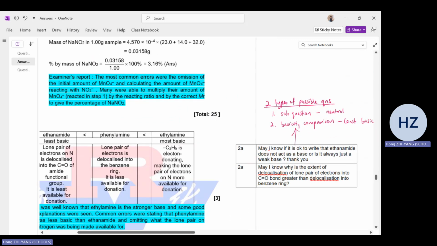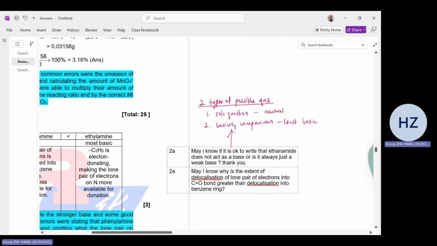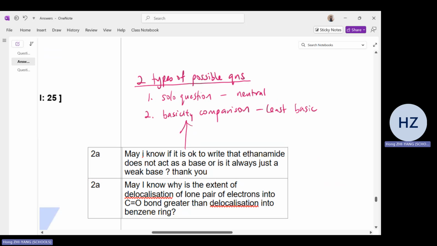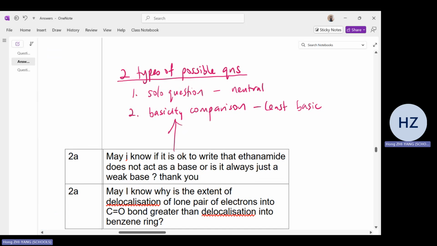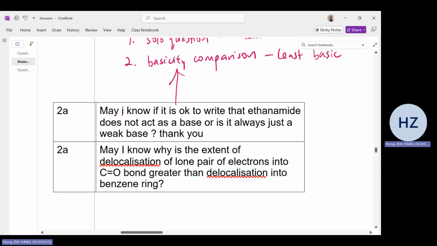Let's solve the first part, part A, which is about basicity comparison. We have a pretty interesting question, and I think all of us should know the answer to this. Let's look at 2A. This question is trying to compare 3 compounds, but one of them is ethanamide, which is an amide. You all learned amides are neutral.